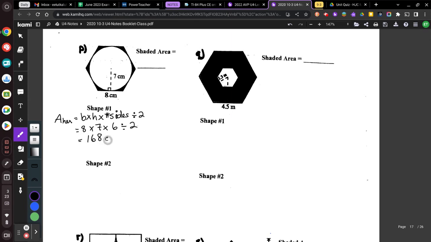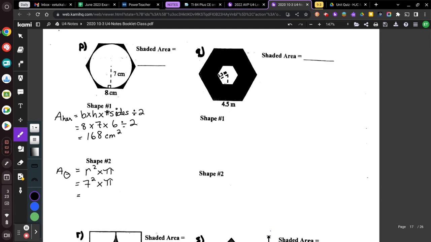And that's going to give us 168 centimeters squared. Then we've got a circle inside that hexagon. So now we have to do area of our circle, which is going to be radius r squared times pi. So that's going to be 7 squared times pi.